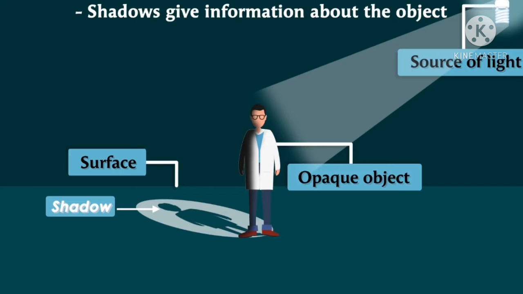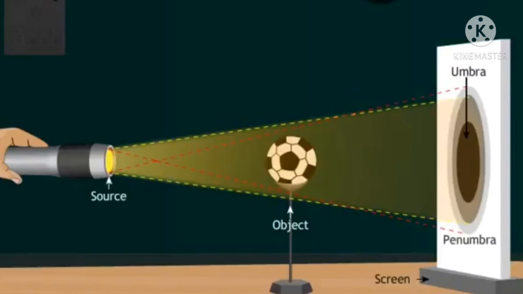No shadow can be formed when there is no source of light, as on a dark moonless night or in a dark room. The shadow of an object has the following characteristics.